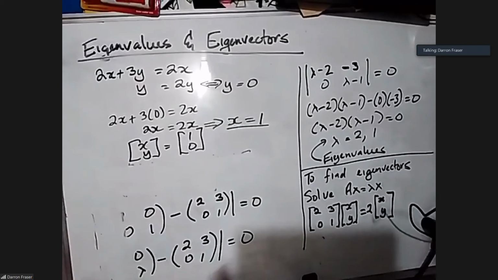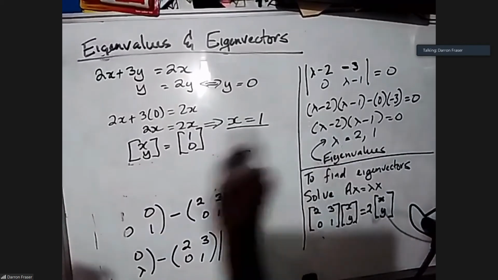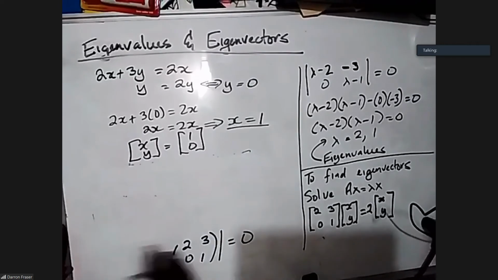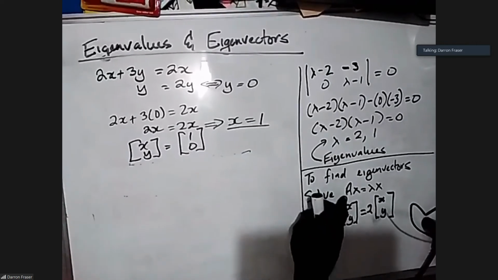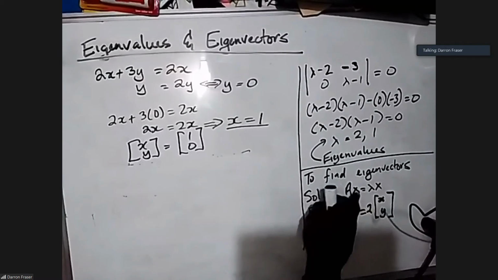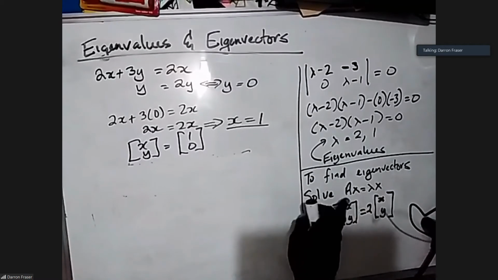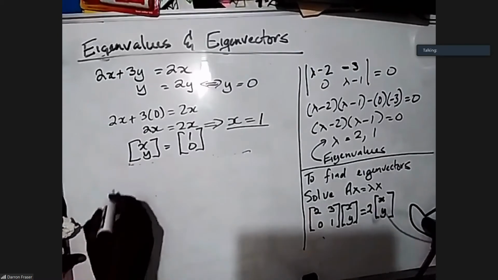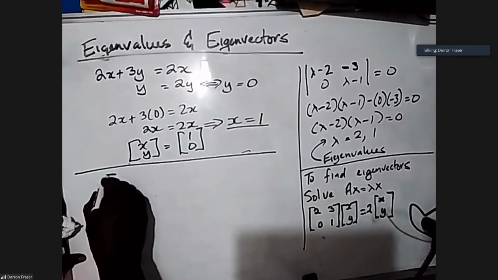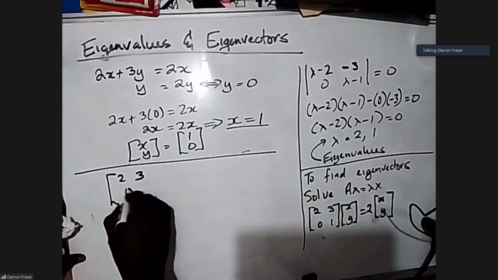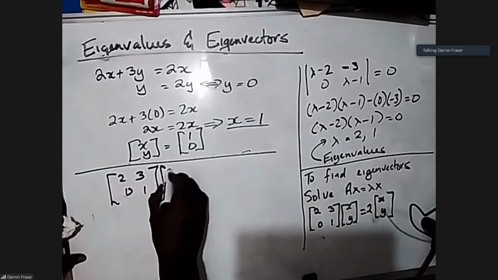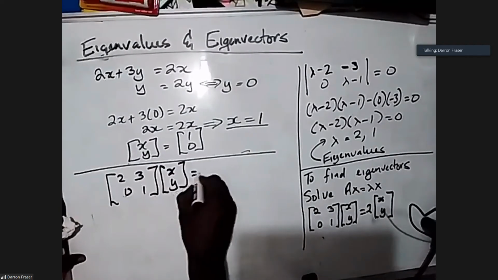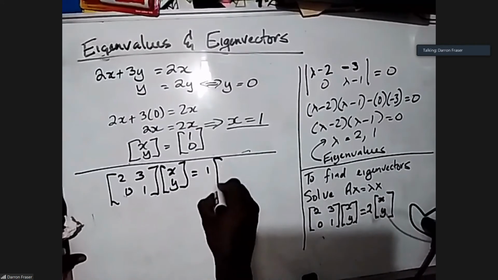I'm going to repeat it now for the next one. Again, we're going to solve Ax equals lambda x. x is the vector. Some people write x1, x2, but we can't be bothered. So A is 2, 3, 0, 1, and lambda is 1.